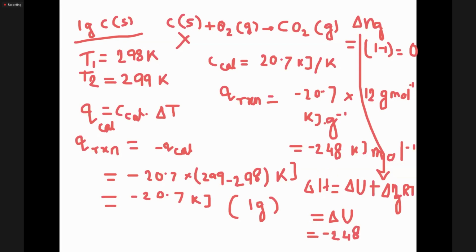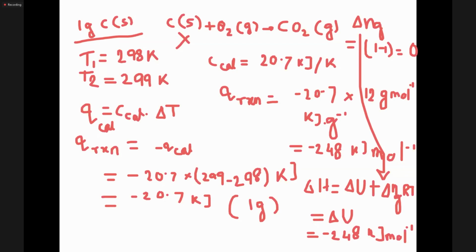So both delta H and delta U will be minus 248 kilojoule per mole. So in this case, since delta Ng is equal to 0, we have ultimately got that Q reaction is nothing but delta U, and delta H is equal to delta U.